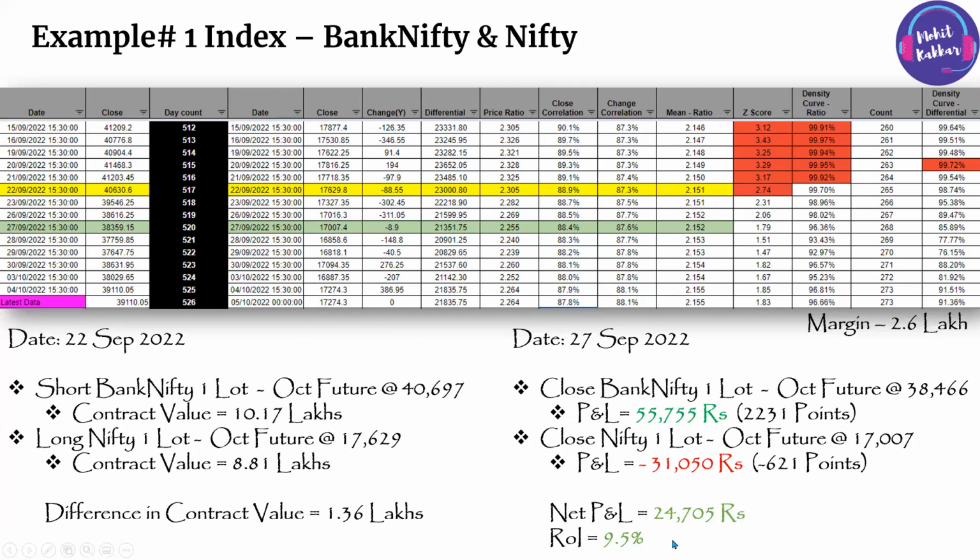Overall, if you divide it by the margin that was blocked for, let's say, 5 or 10 days, it was around 9%. But I will not exaggerate and say my trade had an ROI of some bigger number. When I run one pair trade, I keep 10 lakhs of margin. So, honestly, this was 2.4% for me.